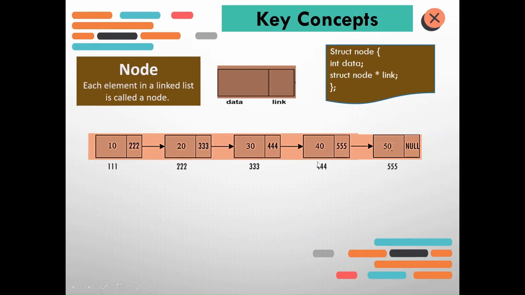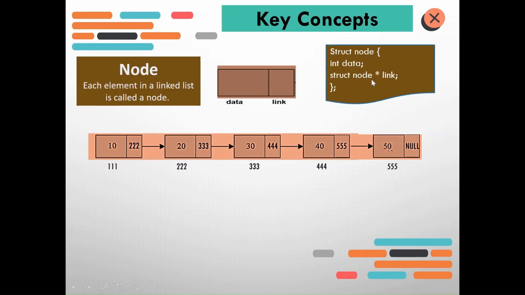Now understand that these are all addresses. So how can they be accessed? They can be accessed by using a pointer. That pointer would be of struct node type. So this 111 as an address is not the address of some integer or character or float variable, in which case I would have written an int or a float or a char here.